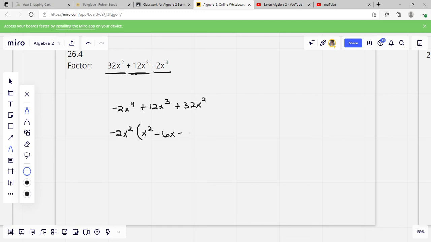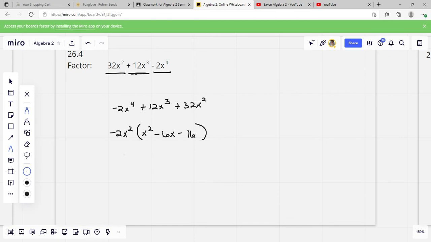And then 2 times 16. And then my x's are gone on that one. Now it looks like a polynomial that we can factor.